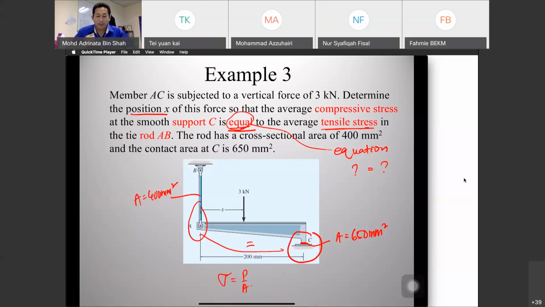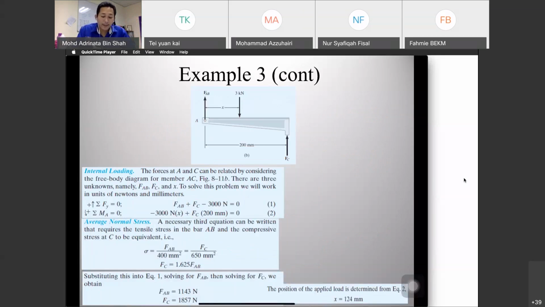Okay, so kita tengok free body diagram. So free body diagram, kita ada Fx, dan yang ini adalah kita ada Fx, kita ada Fy, kita ada moment. Kan? Okay, so for now, X tak ada. So semua dalam Y. So ini AB is in Y direction, 3 kilonewton in Y direction, FC in Y direction.